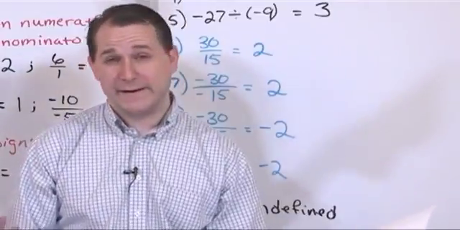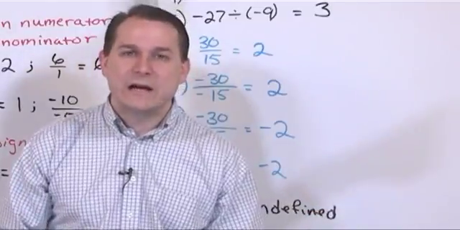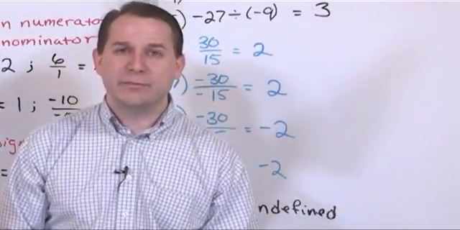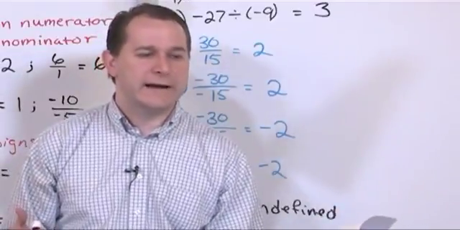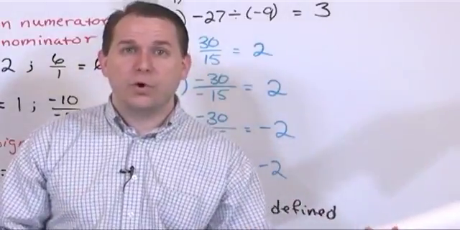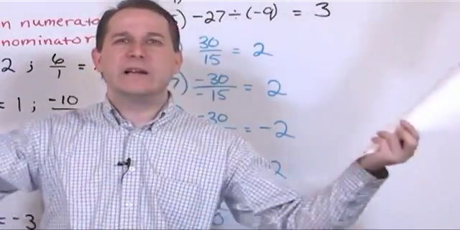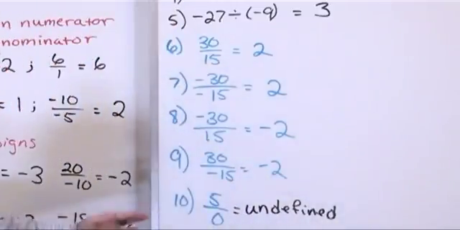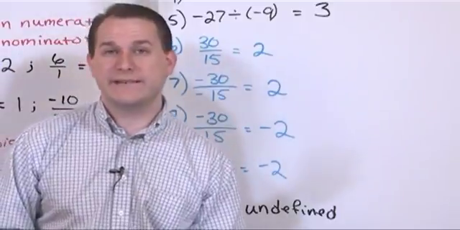Well, if you think about it, if you have 5 apples and you're trying to divide it up by nothing, you could probably do that an infinite number of times, because if you divide by a very, very small number, then you can divide into it a whole bunch of times. But if you divide by nothing at all, it's really an infinitely large number. So in pre-algebra, you see it written as undefined, and that's how you should do it anytime you divide by 0.